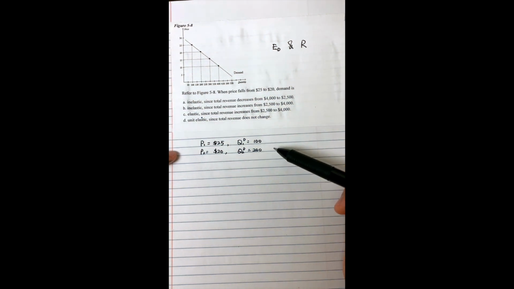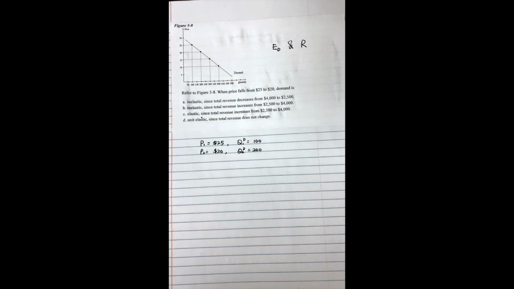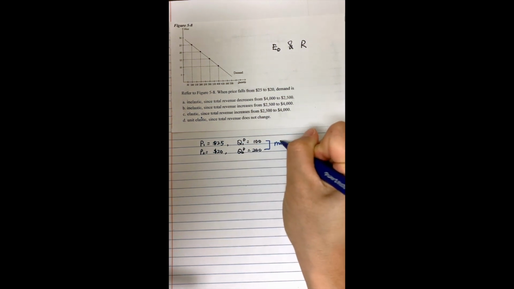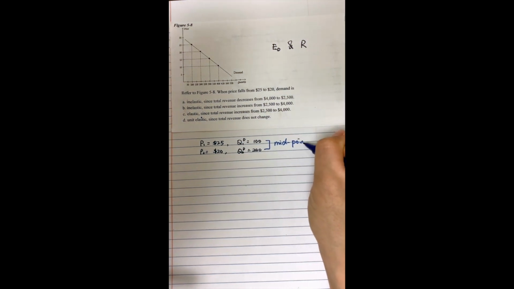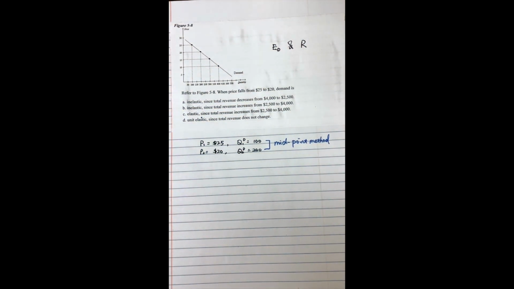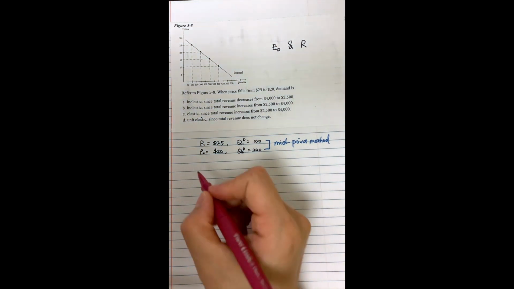And based on this given information and the midpoint method, we can first compute the price elasticity of demand. Very similar to the one that we did before, we have 3 steps in the midpoint method.